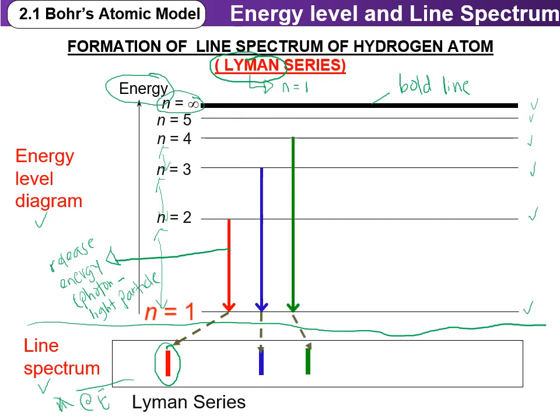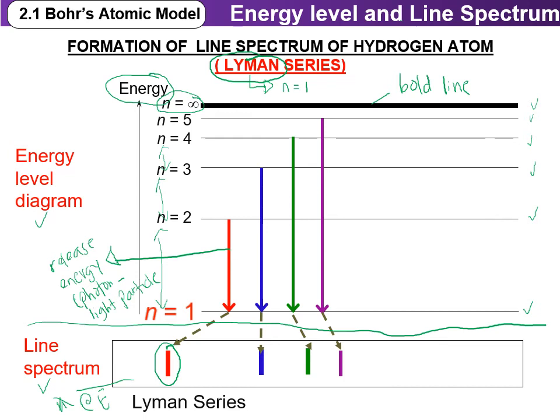If another electron drops from 4 to 1, it will produce a line again. n equal to 5 to n equal to 1 also produces a line. So every time one electron drops, it produces one line. If you have 10 electrons dropping, then in the line spectrum there should be 10 lines.